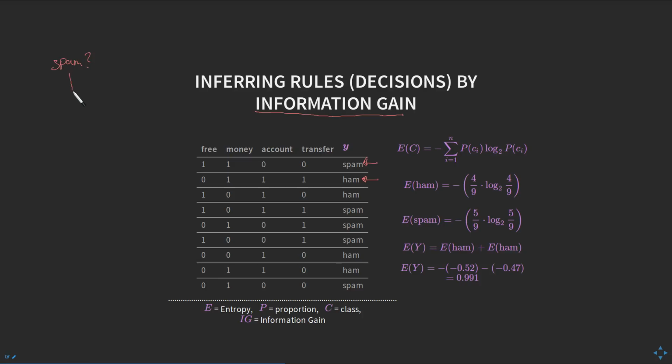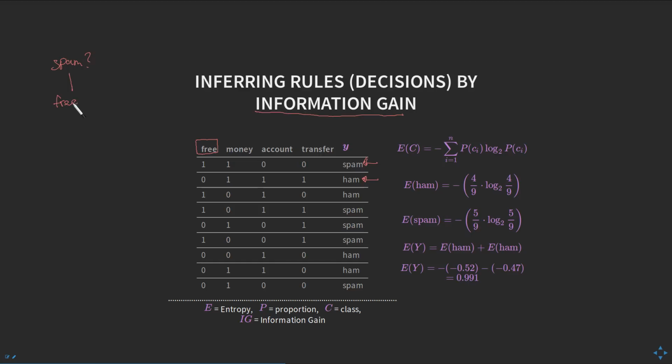Then we would want to have a feature here that with a very high certainty splits the instances of spam and ham in the tree. So let's assume that this is our feature free. If we look at the instances here, we can sort of visually see that most of the messages that have free in them are actually spam. So this is probably a safe assumption.